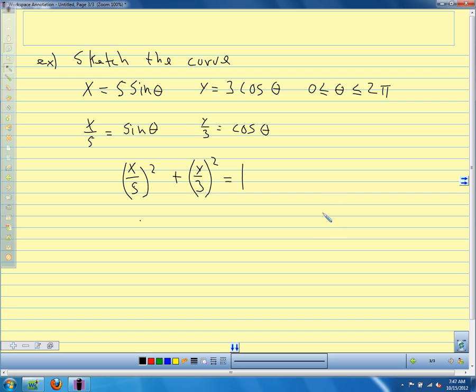And so this ellipse, how are we going to sketch it? Where's the center? Our center is at 0, 0. It's not shifted. Major axis along the x-axis or along the y-axis? Major axis is horizontal. So here's my sketch. The major axis is how long?